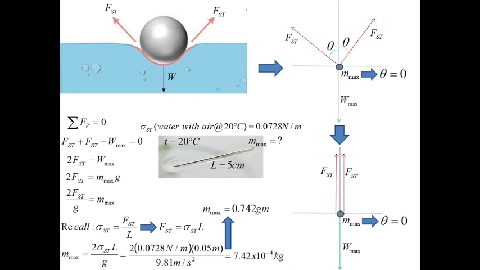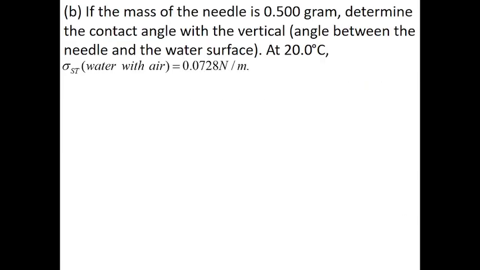So, that is the weight before the needle sinks, 0.742 gram. Okay? So, that's the maximum mass before our needle sinks.